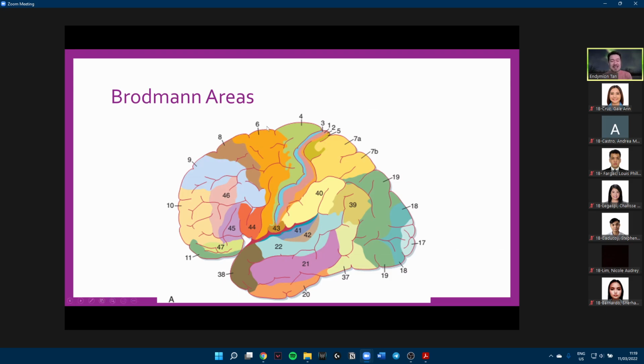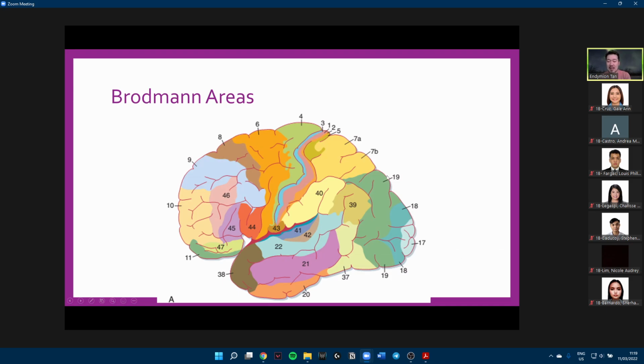So since this is the central nervous system, a lesion on the right Brodmann area 3, 1, 2 will give you loss of sensation on the same side ng extremity or opposite side. Opposite side po. Opposite side, very good. Kasi central nervous system. Brodmann area 3, 1, 2, primary somesthetic cortex, post-central gyrus.